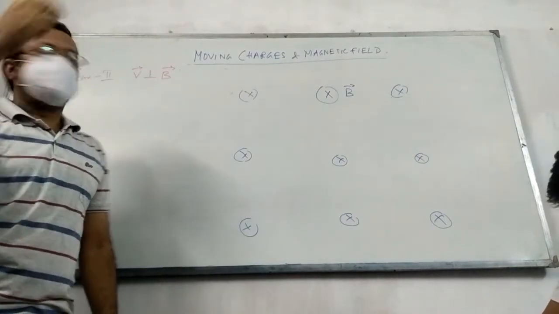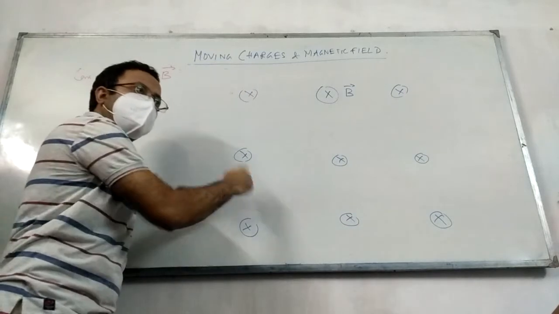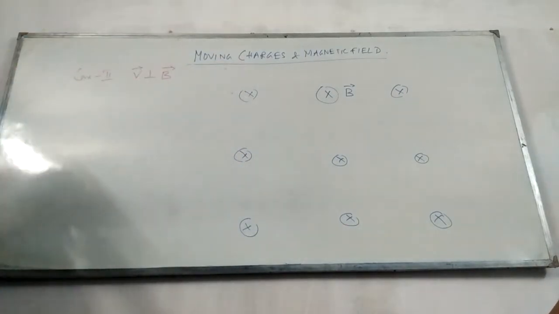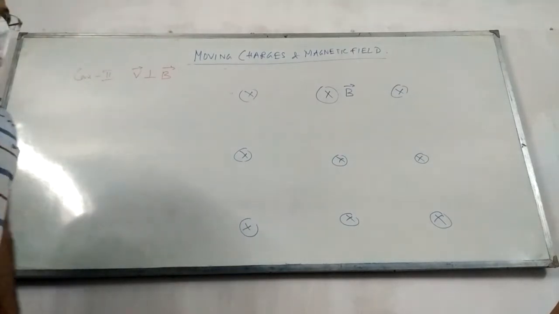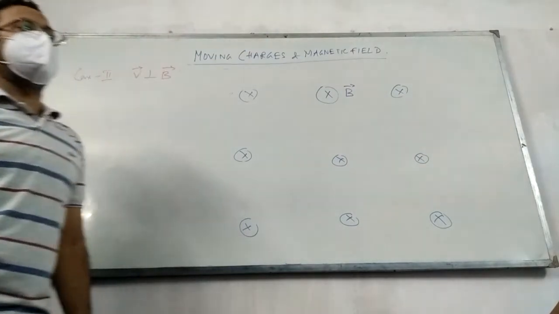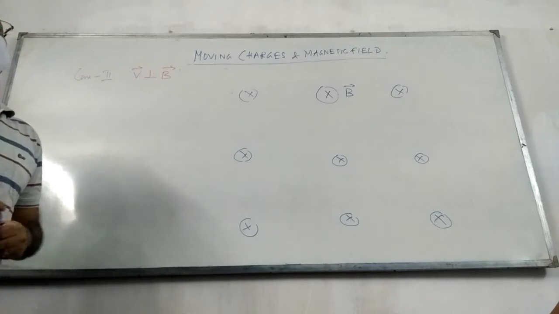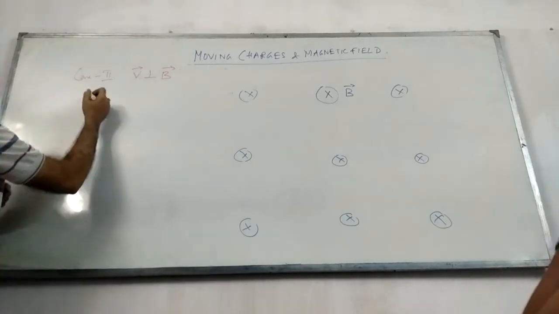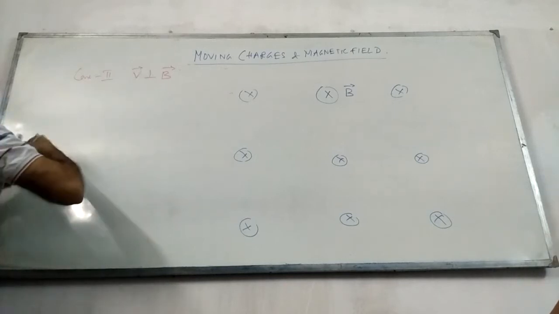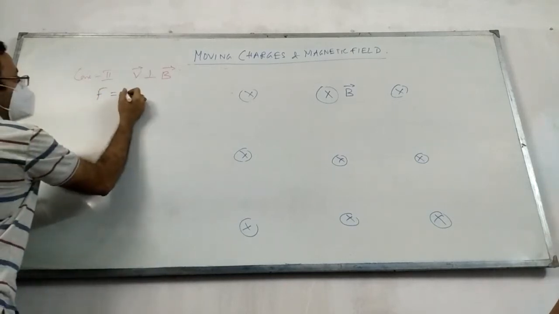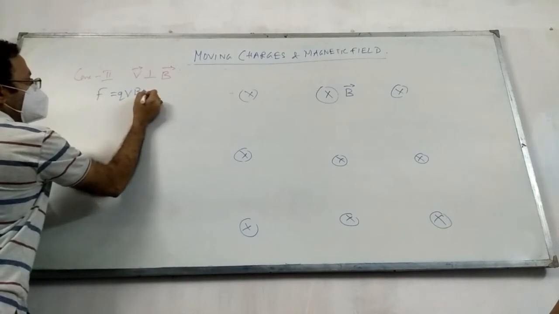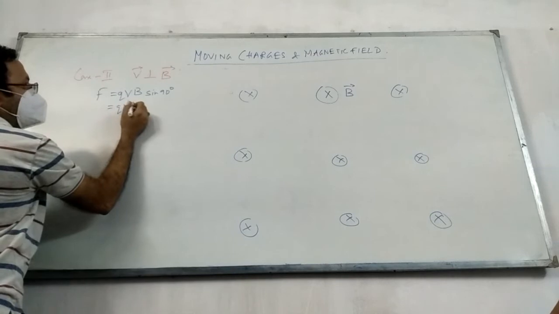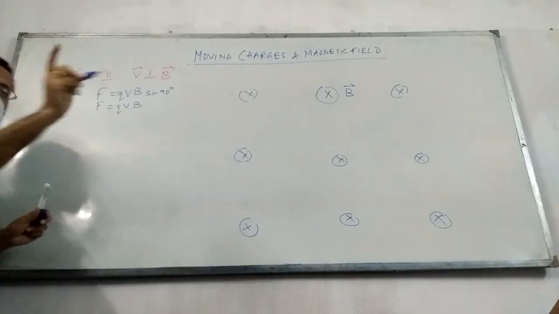The situation is the same, magnetic field lines are present going into the board. Now I took a charged particle and threw it towards the window. What will happen? Which direction will it experience the force? Obviously the magnitude of the force F will be qvB sin 90 degrees. Sin 90 degrees is 1.